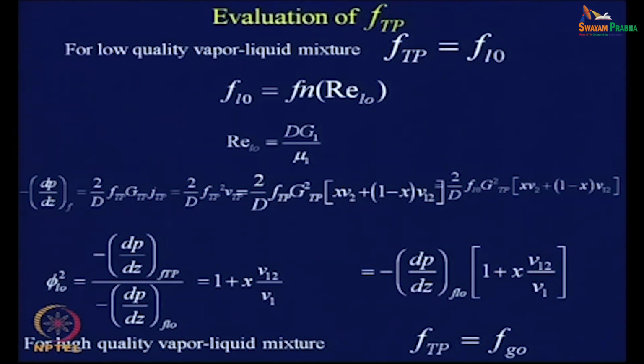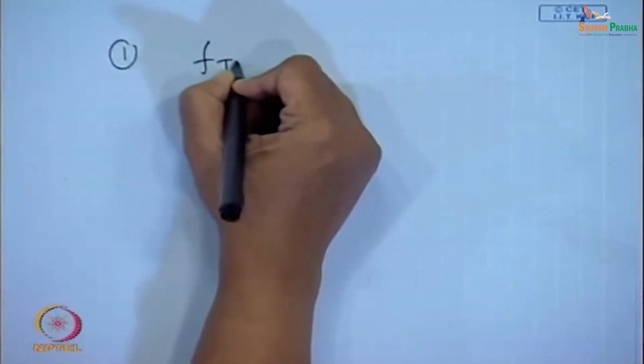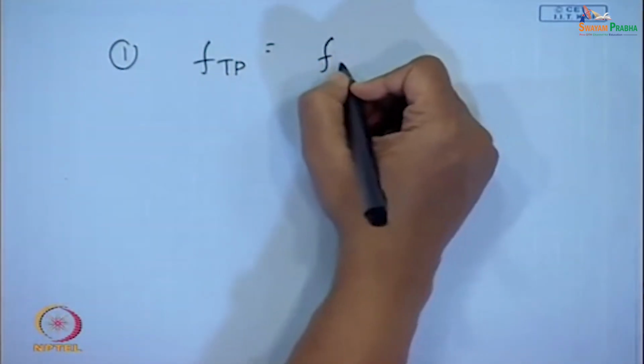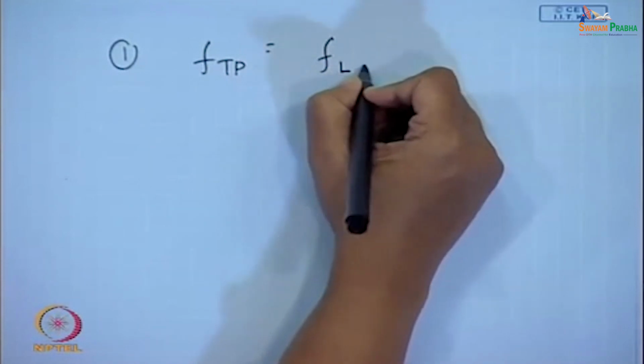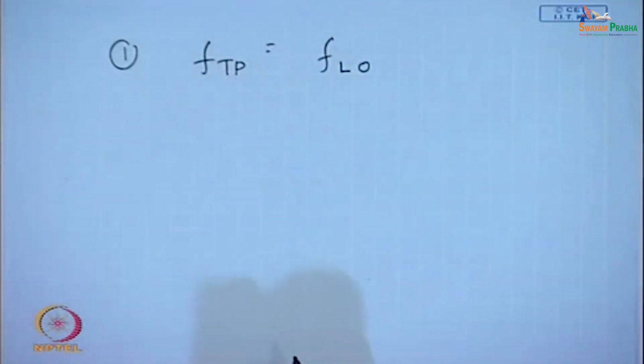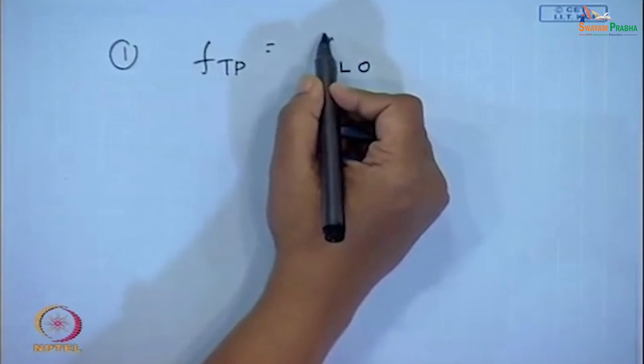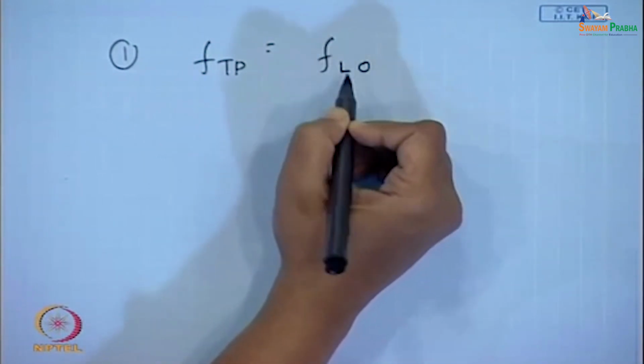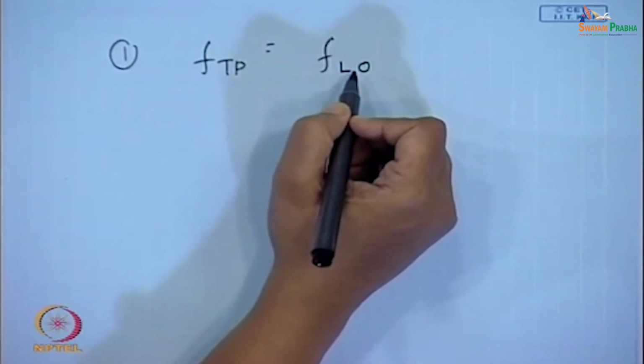Okay. That means vapor is in a very small amount. Under that circumstance, I can write it down here, FTP is nothing but equal to FLO. What is this LO? This means that this is a friction factor when liquid only flows through the pipe.